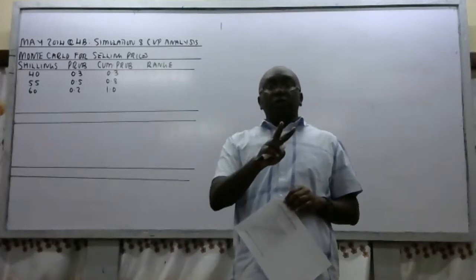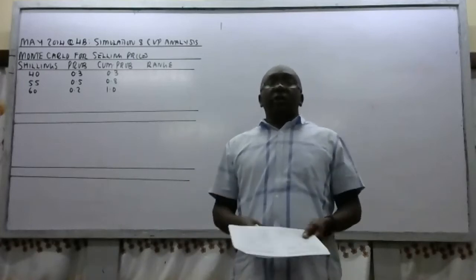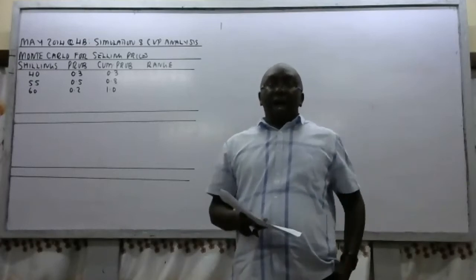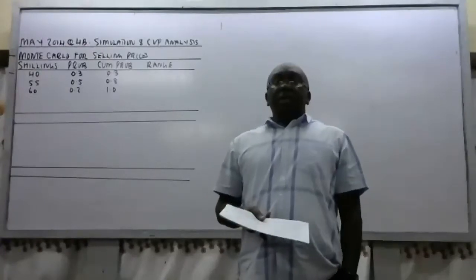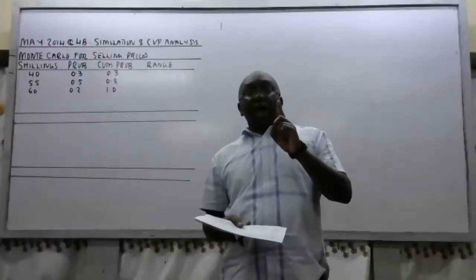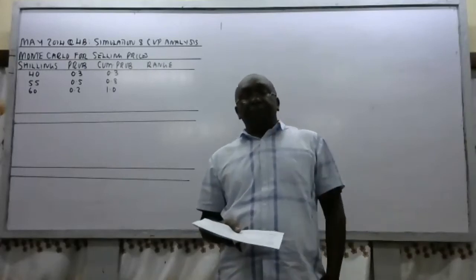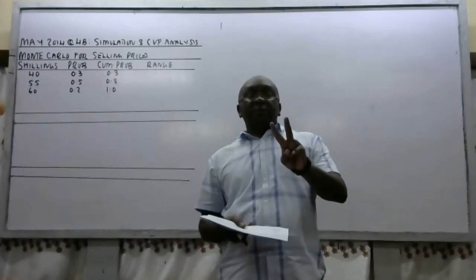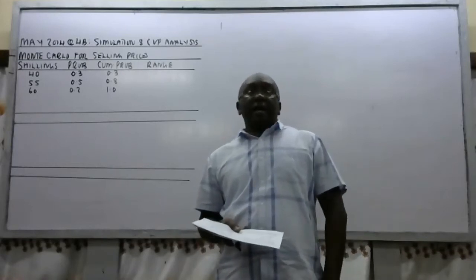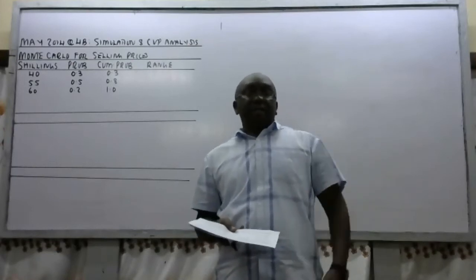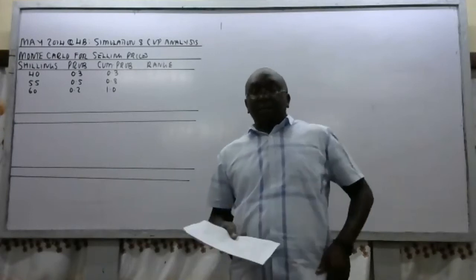If you have 2 decimals, you cannot multiply by 10. But before you settle on what to multiply by, you check how the random numbers have been given. If the random numbers are given in terms of 1 digit, like it is the case here, you should multiply by 1. But if they were given in 2 digits, and it is 1 decimal, you multiply by 100. So we pay more attention to the format of the random numbers.